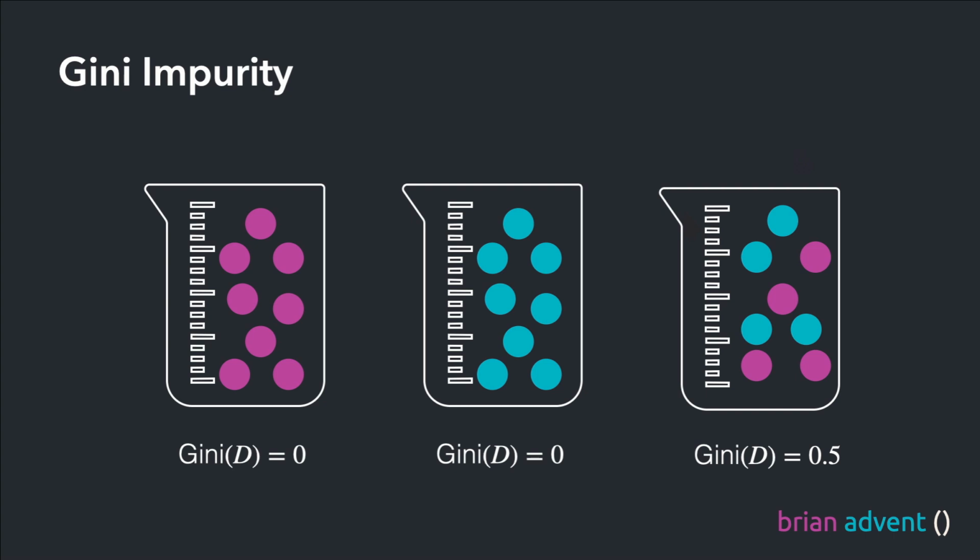We have no messiness, so a very pure data set. But if things are mixed up, so the purple and the blue ones are together in one glass, the Gini impurity increases and the impurity is high. And we can use a formula that gives us a precise way to calculate this messiness based on how mixed up the categories or classes are in your data set.